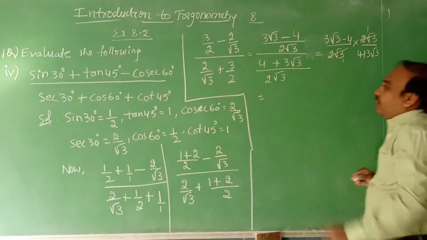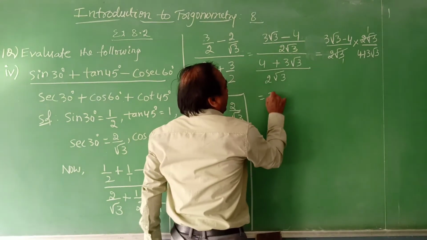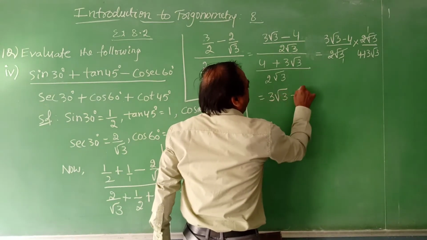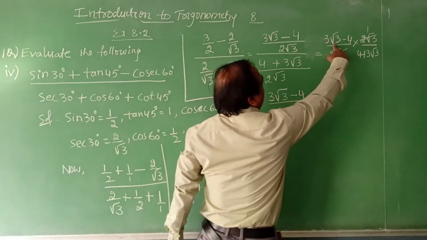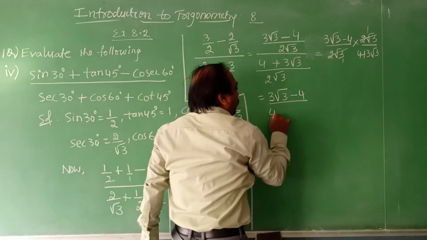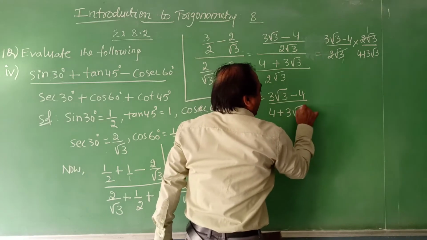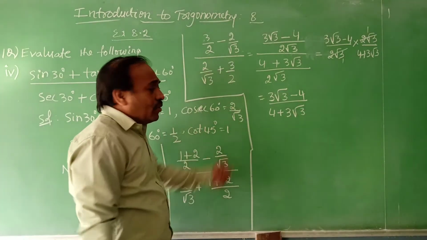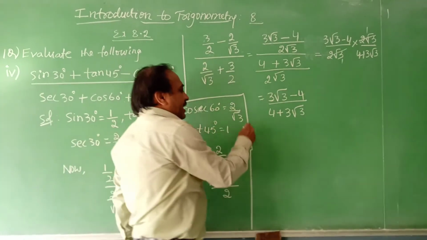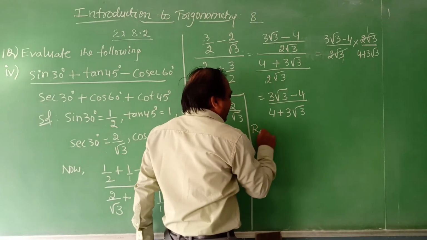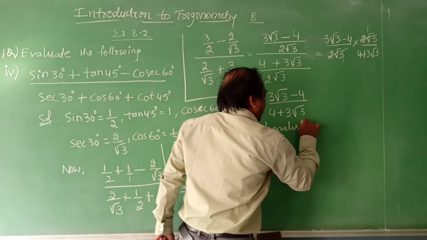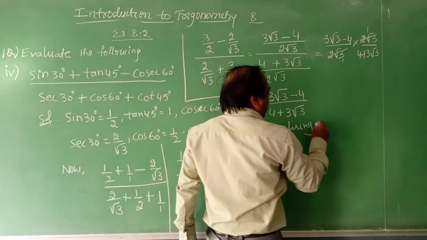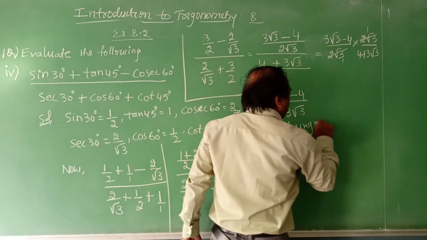The 2 root 3 cancels, so you have 3 root 3 minus 4 by 4 plus 3 root 3. Now rationalizing the denominator.